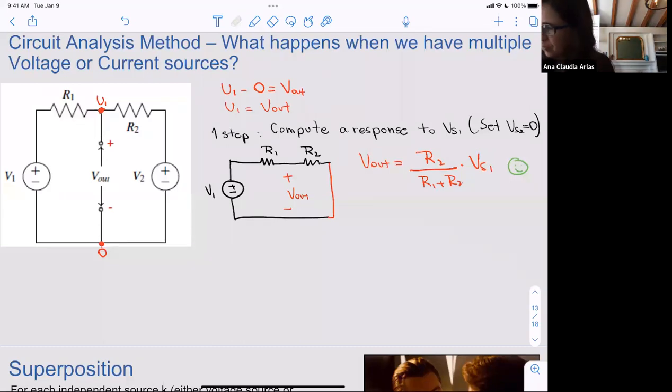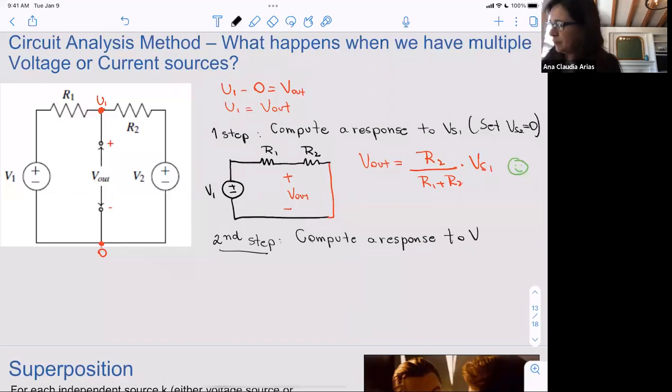So, question for you. What would be our second step? We can't get too excited and forget that our circuit was actually with two sources, right? So now our second step, we are going to compute a response to VS2.